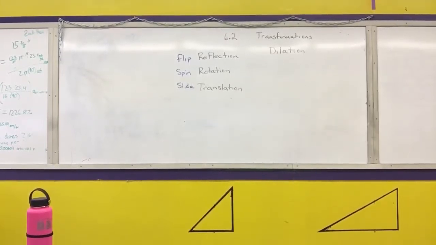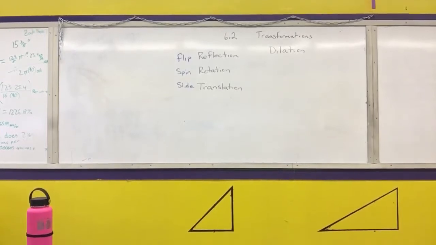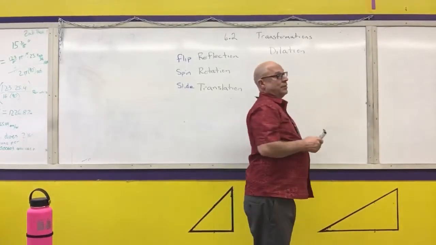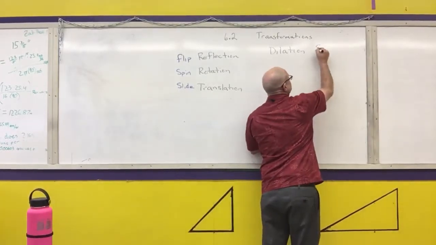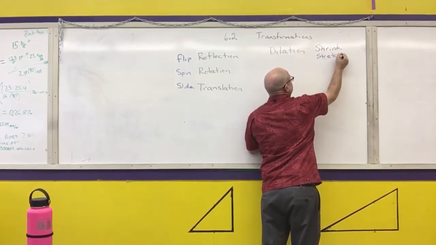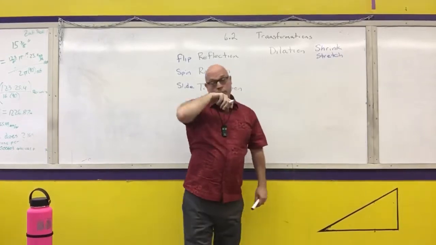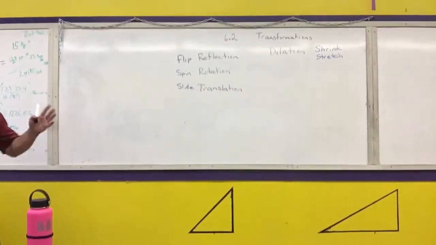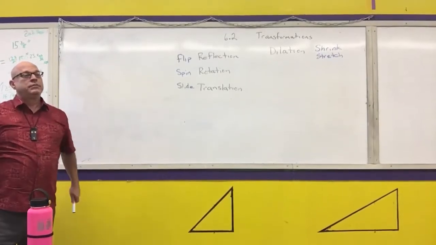Dilation. You got flip, spin, slide, straight, or dodge. Good. Or stretch. So dilation covers both shrinking and stretching.